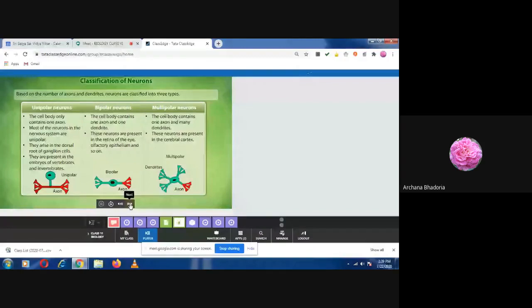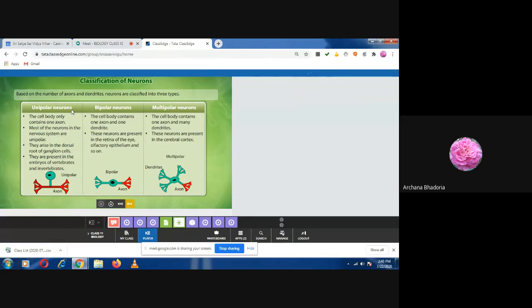Which is classifying, dividing it into three different types. Note it in brief quickly, everyone. Unipolar, bipolar, and multipolar. Write down in brief.